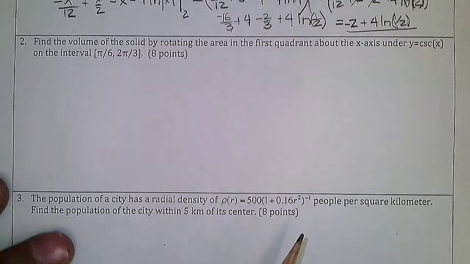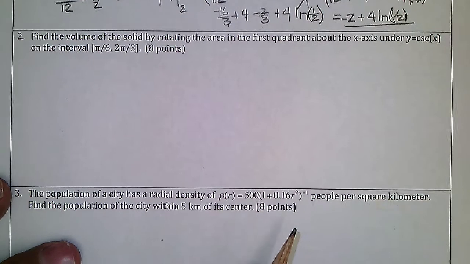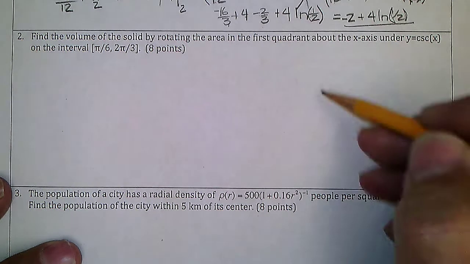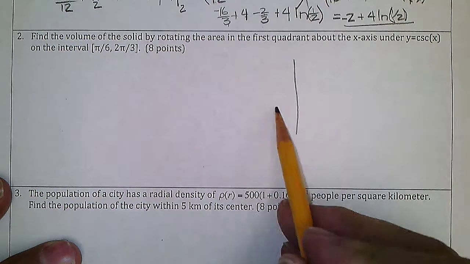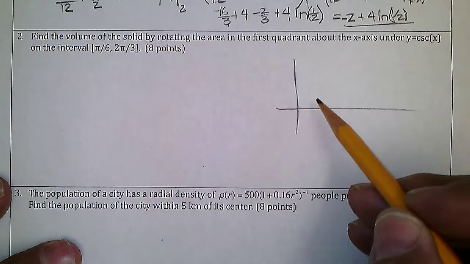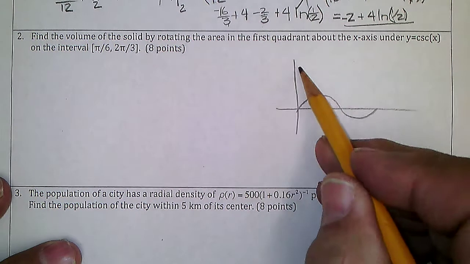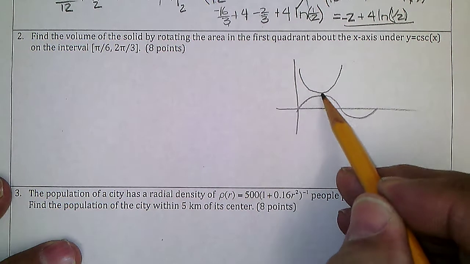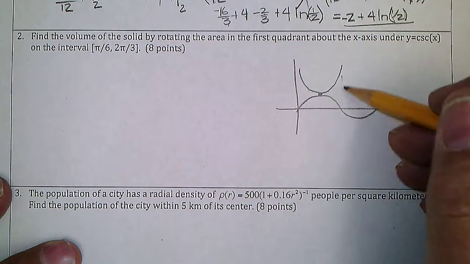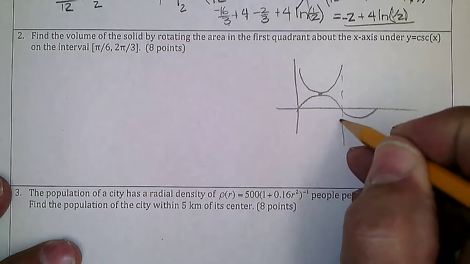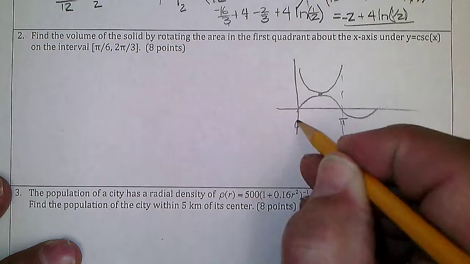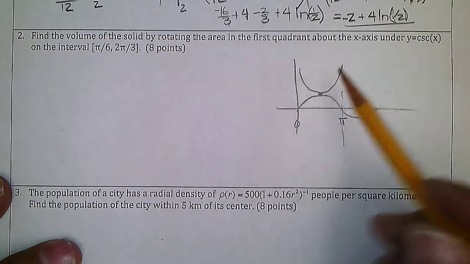Okay, find the volume of a solid rotating the area in the first quadrant. This is the cosecant, which is the reciprocal of the sine. So it's going to go something like this. They touch right there, asymptote there at pi and 0. This sine is 0.